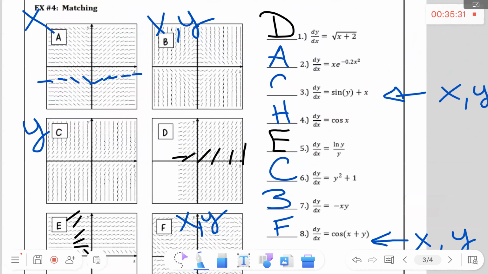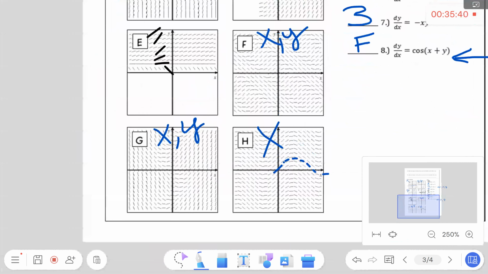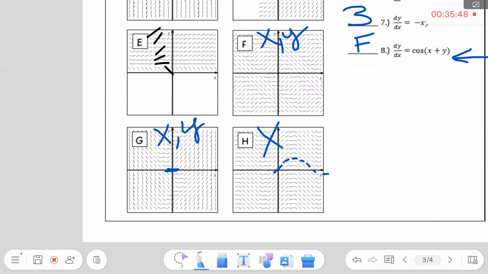Now, there's also another way to do it. Let's just write them out every single time. Here's what I do. I look at what is the slope at 0, 0. The slope here is 0, right? Slope here is positive something. So if we look at cosine, sine, there's your sine function, right?